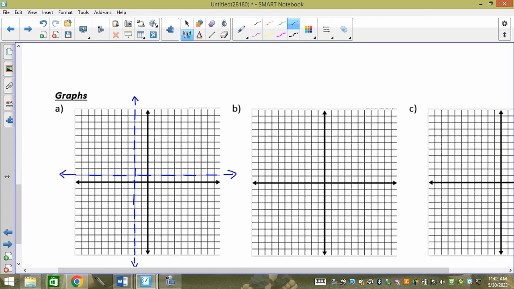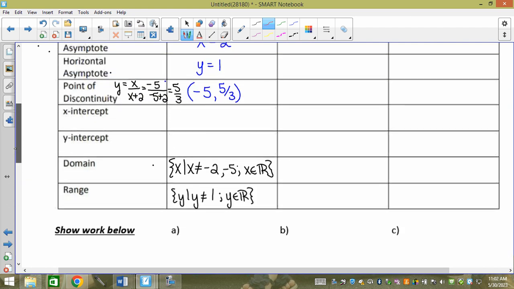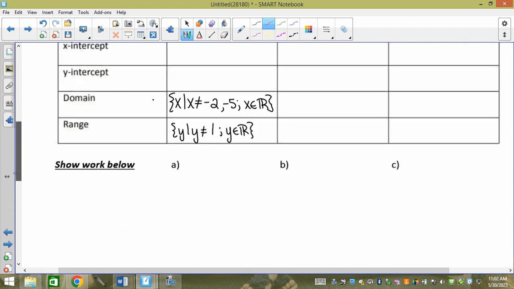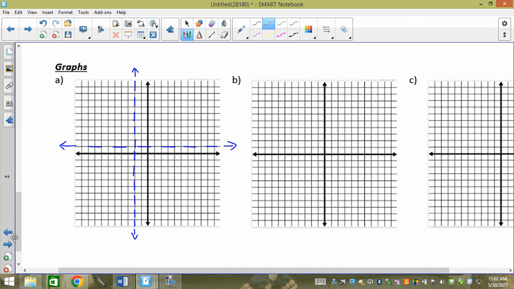Then what can't I forget to draw? What else do I have on there? Point of discontinuity, yeah, at -5 and 5/3. What is 5/3 as a decimal? So -5, 1, 2, 3, 4, 5, and 1.666. So it's like this. Crossed, right?